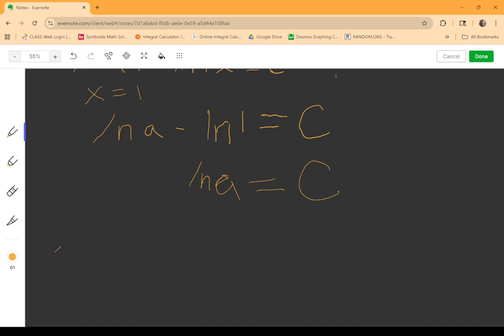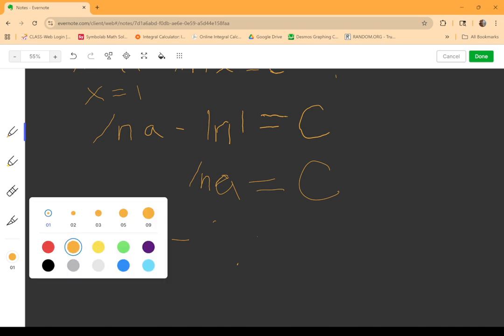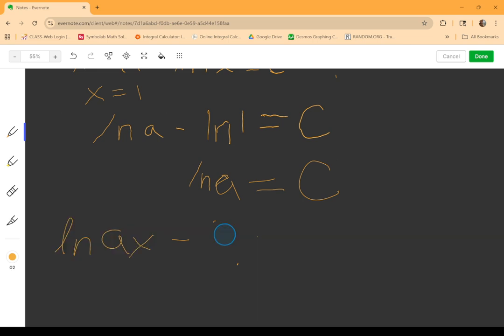So going back to my original statement, ln of ax minus ln of x is equal to ln of a, whatever that constant is.